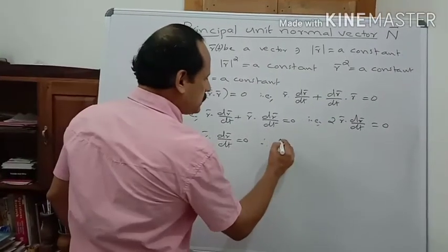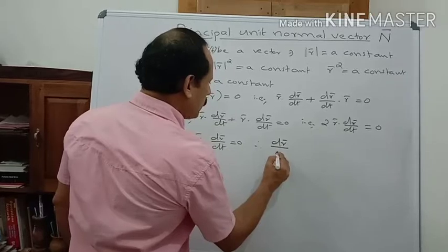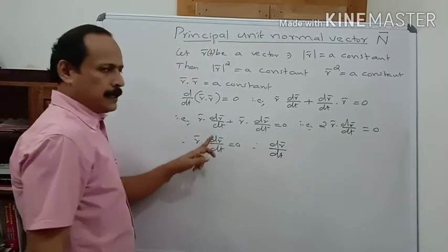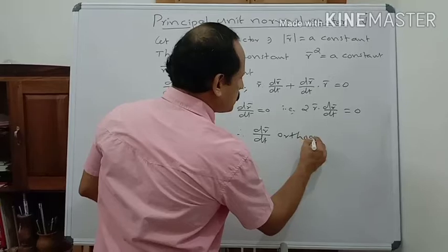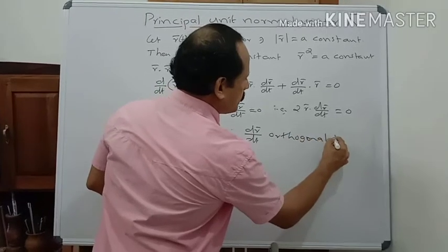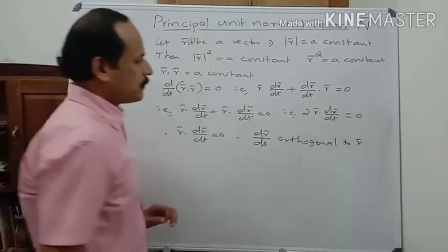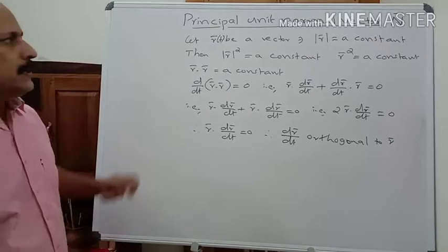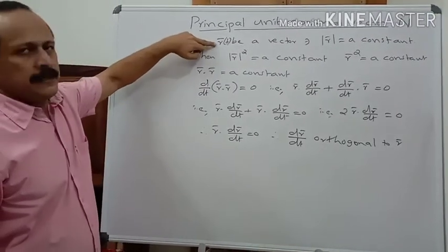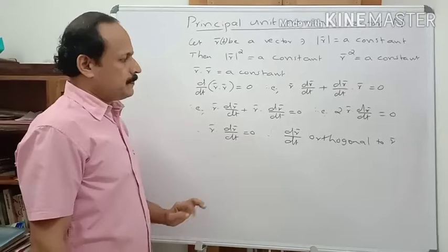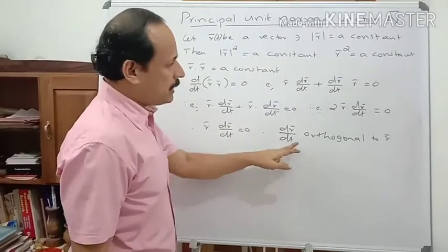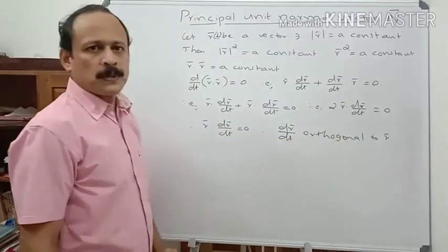It means that these two vectors are orthogonal. That is, dr bar by dt is orthogonal to r bar. Thus, if we start with a vector having constant modulus, then dr bar by dt is always orthogonal to r bar.